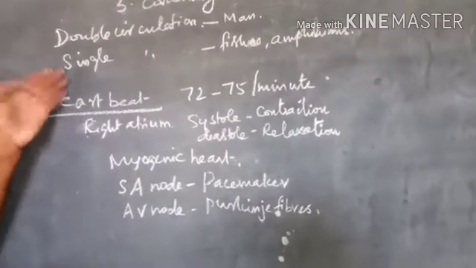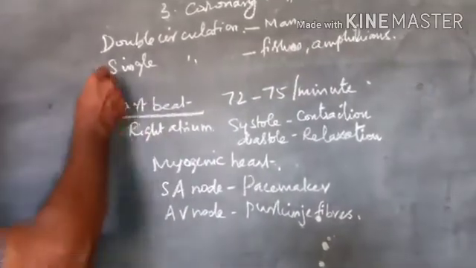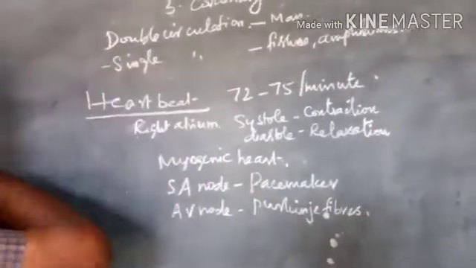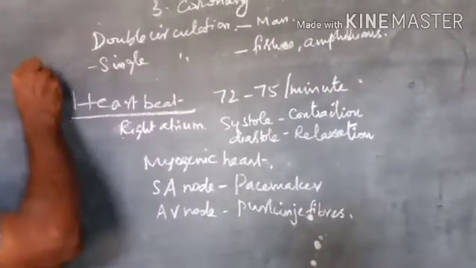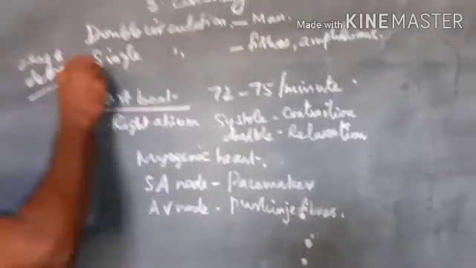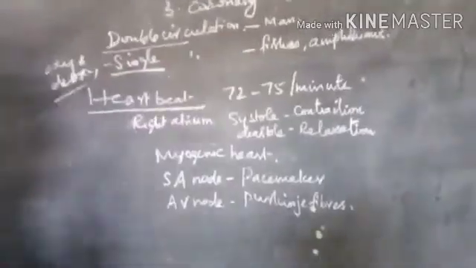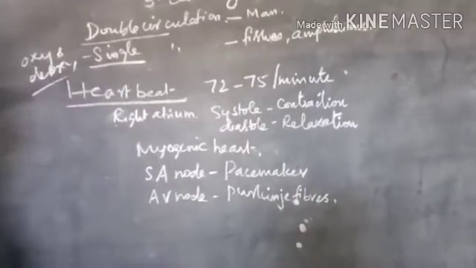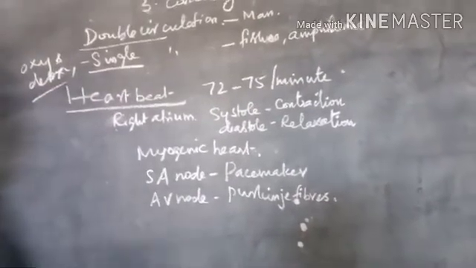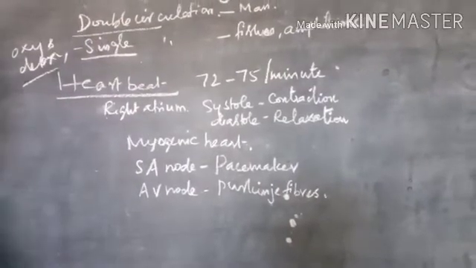That is called single circulation, for example in fishes and amphibians. In single circulation there is mixing of oxygenated and deoxygenated blood, whereas in double circulation there is no mixing of oxygenated and deoxygenated blood. That is why it is called double circulation.